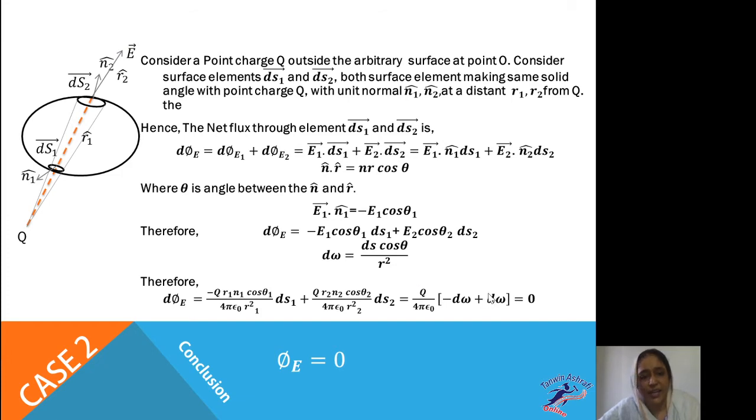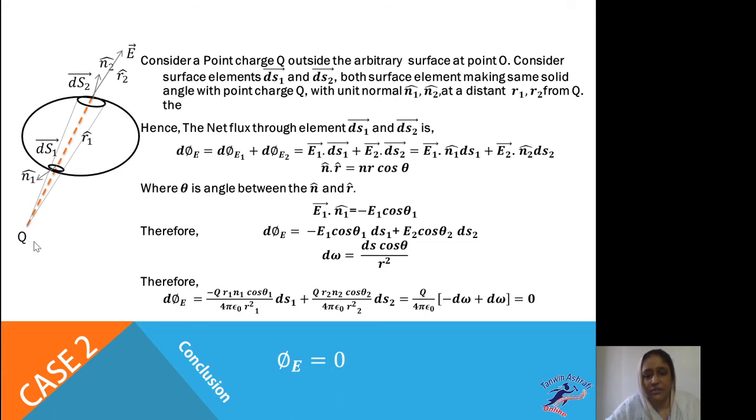Since these solid angles are in the same line for the same cone, they have the same magnitude and cancel out. So minus dΩ plus dΩ equals 0, and we get zero flux.